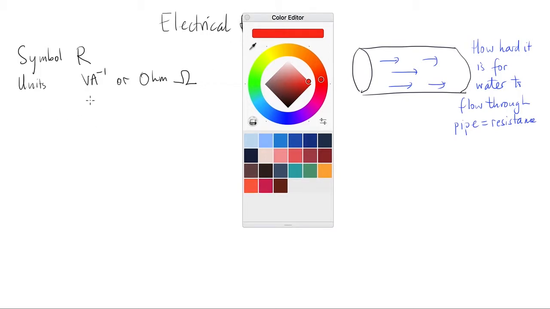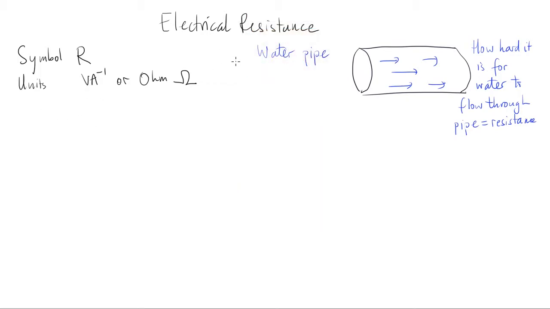Now we come up with a definition for electrical resistance of a conductor, R. That is the ratio of the potential difference across its ends to the current flowing through it. So the formula for resistance is the ratio of potential difference divided by the current. And in words, we'd write it like this.